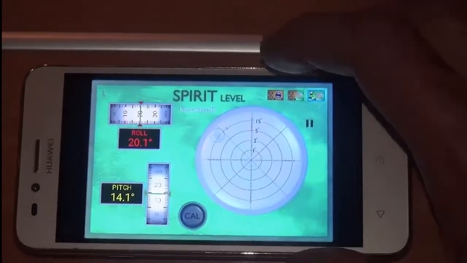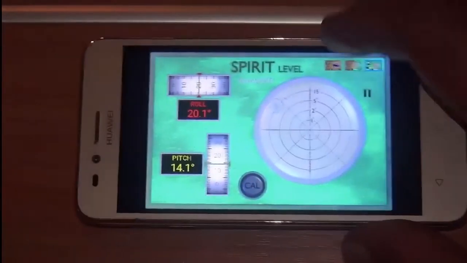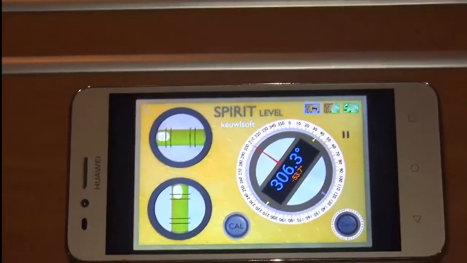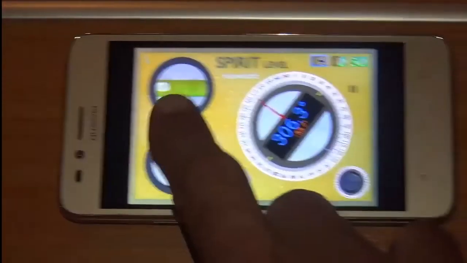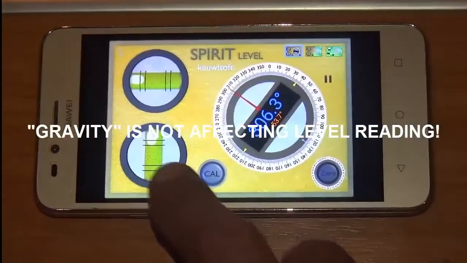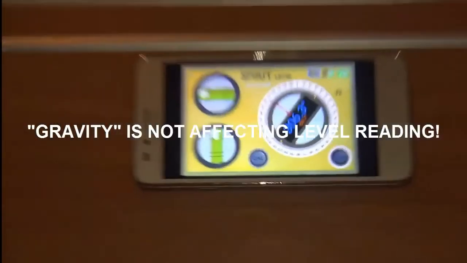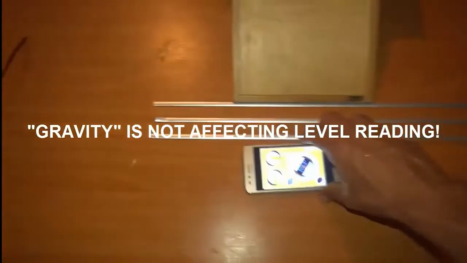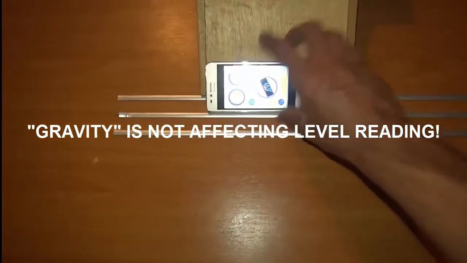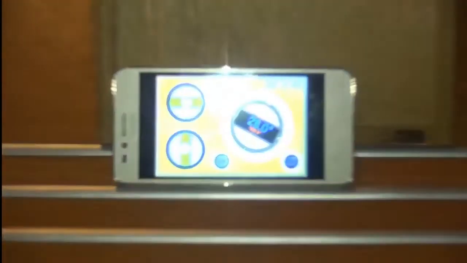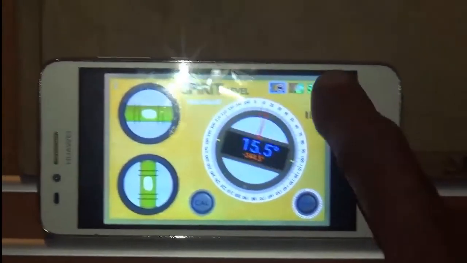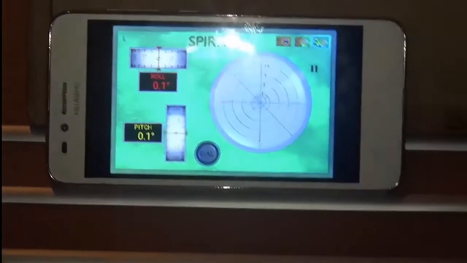So the app now believes that the table is not flat because of being calibrated on the slope. You can see here that the bubble is way off on both of these, even though it is on the flat table. But when we put it back on the slope, it goes back to reading level on both of these.